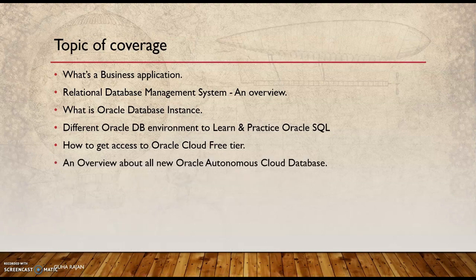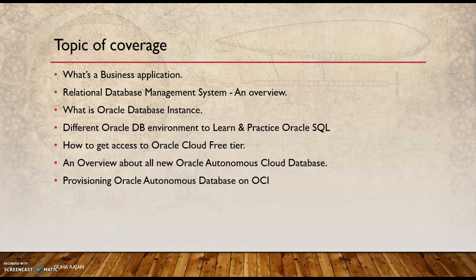And then I'll be discussing the latest, that is the Oracle Autonomous Cloud Database, which is the 19C version. I'll be briefly discussing the Oracle Autonomous Cloud Database, and post that we'll be using the Oracle Cloud Infrastructure to provision the Oracle Autonomous Database.